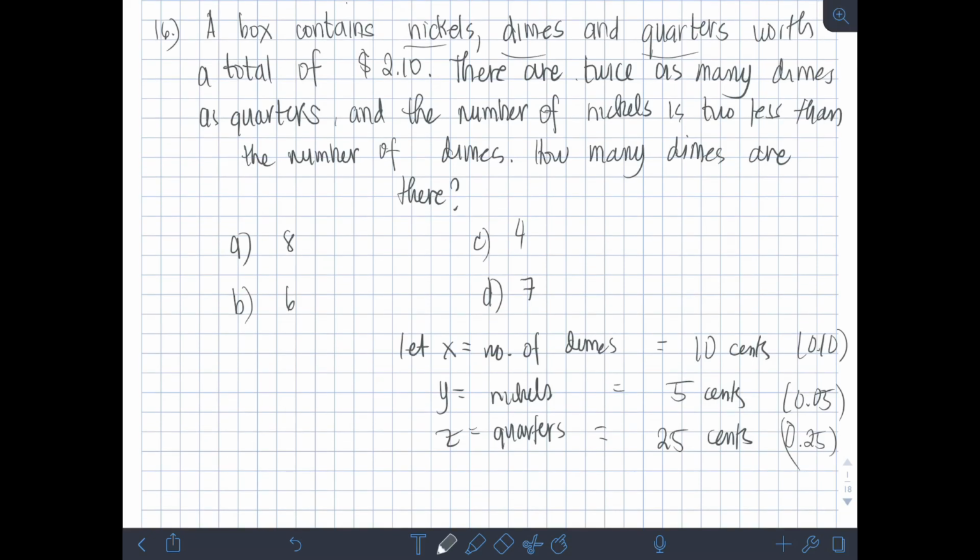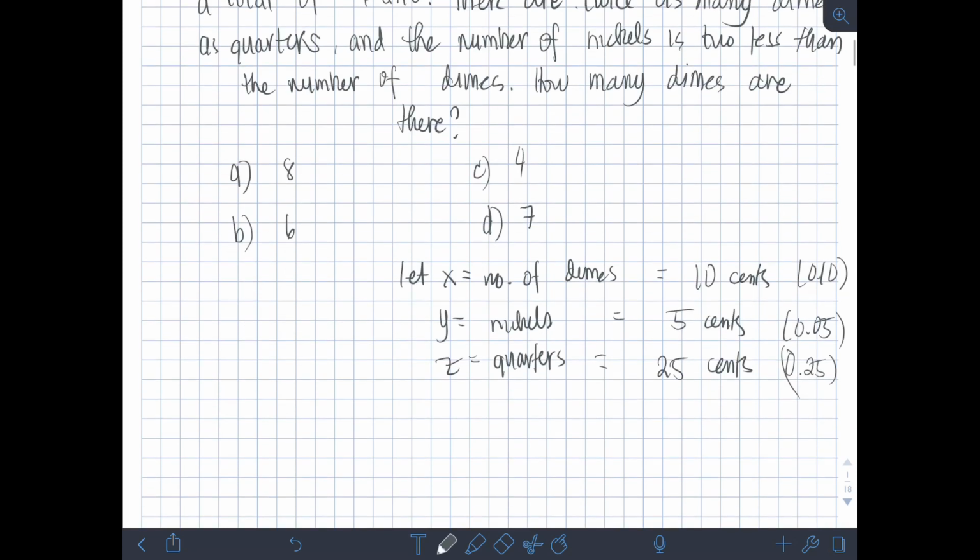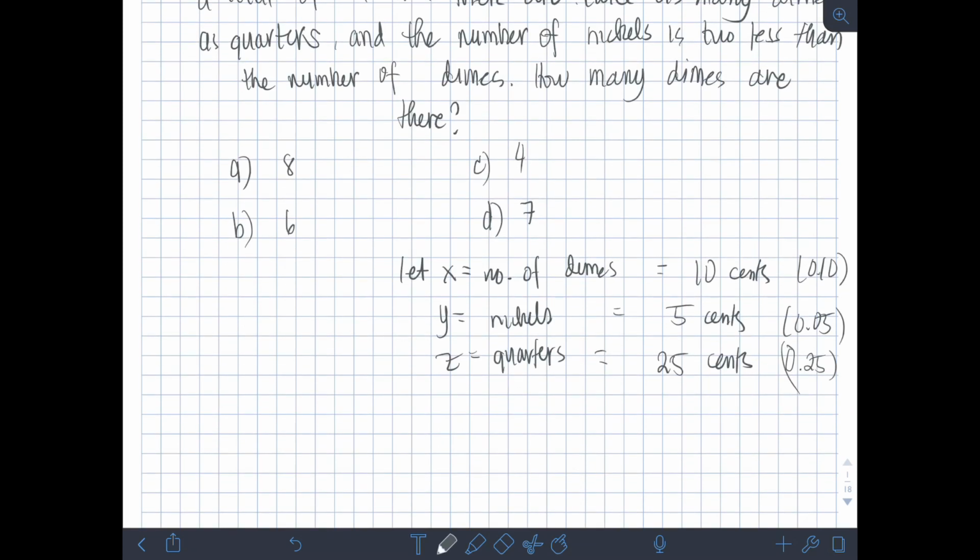Okay, so sa first equation natin, sabi yung total daw ay $2.10. So, multiply natin yung bawat number ng dimes sa equivalent value niya plus yung number of nickels sa equivalent value niya and number of quarters sa equivalent value niya equal doon sa $2.10.